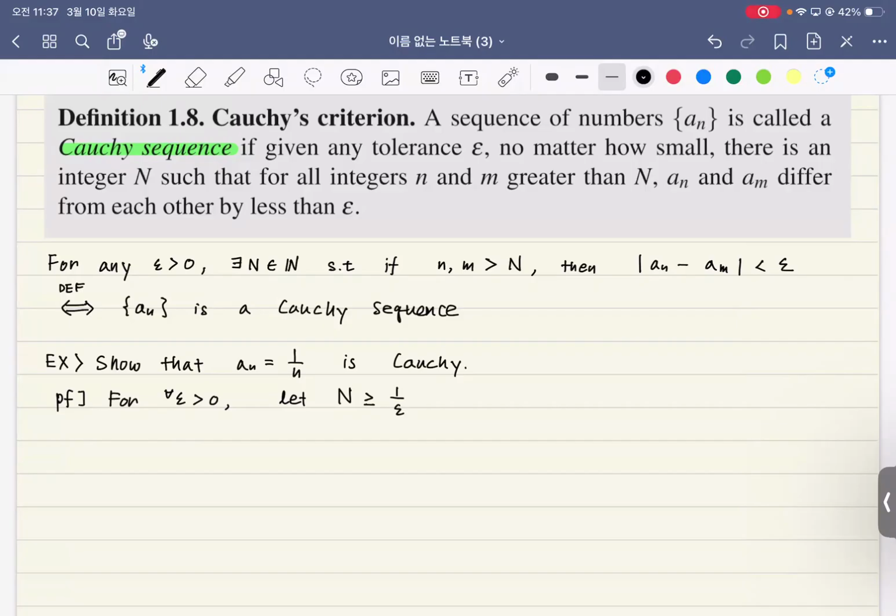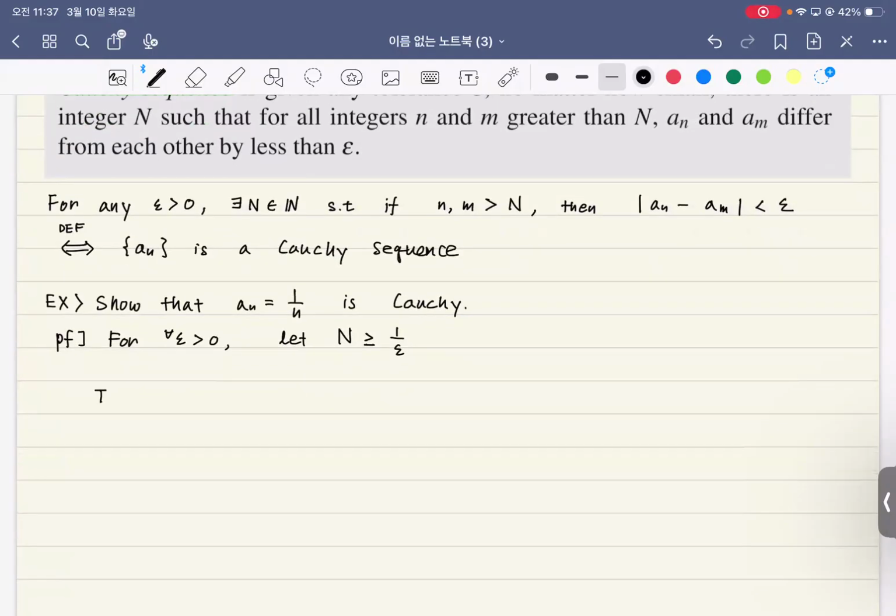So in this case, if two integers are greater than n, then a_n minus a_m, which is just 1 over n minus 1 over m, by the triangle inequality is less than or equal to 1 over n plus 1 over m, right?